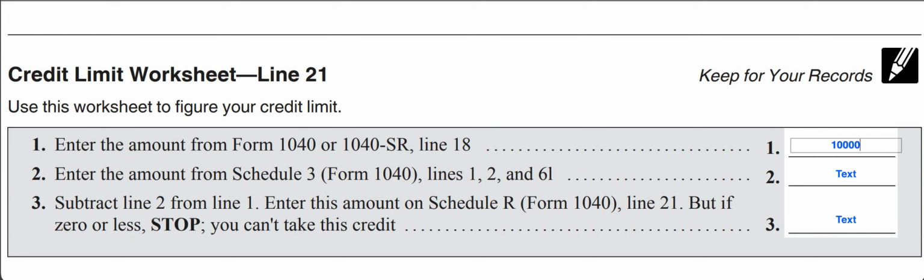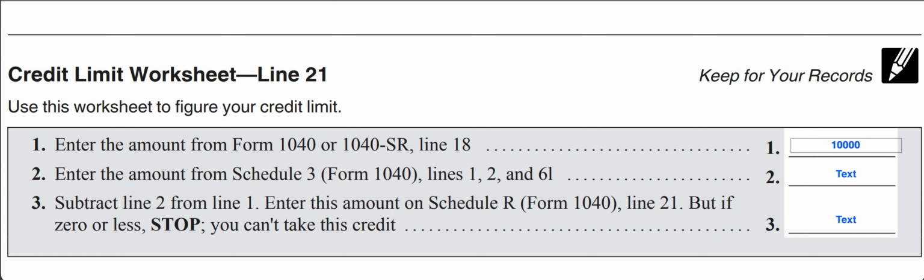In line 2, we're going to enter the total amounts of certain tax credits from IRS Form 1040 Schedule 3, lines 1, 2, and 6L. Those lines are respectively: line 1 is the foreign tax credit, which you would calculate on IRS Form 1116.